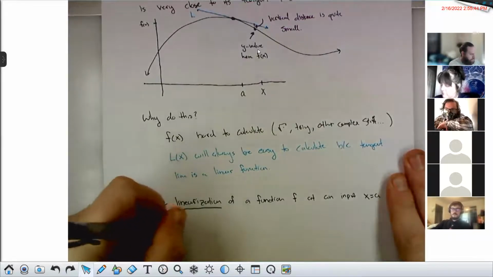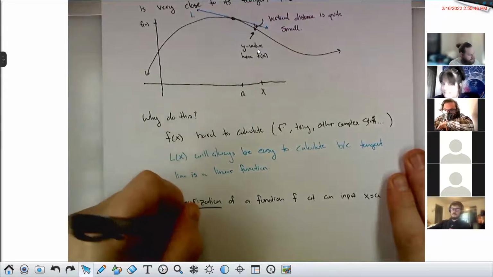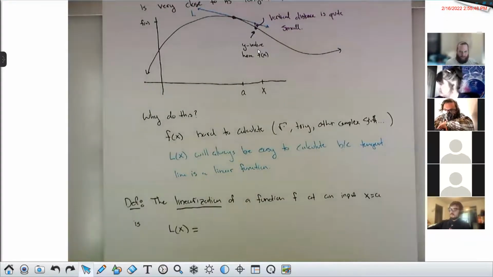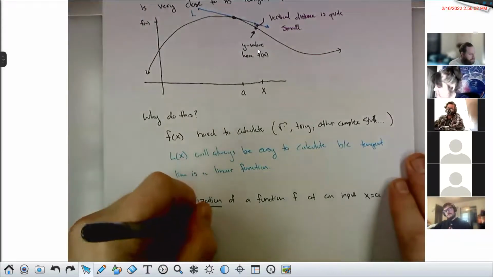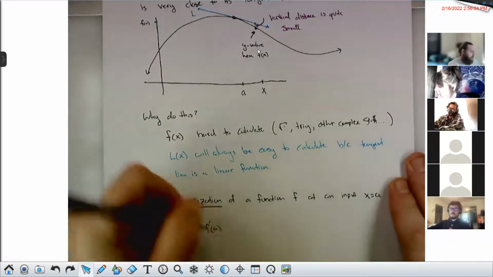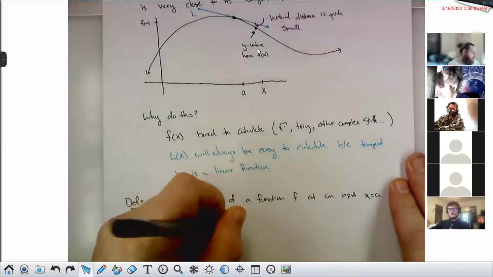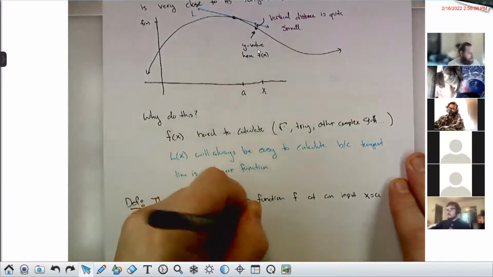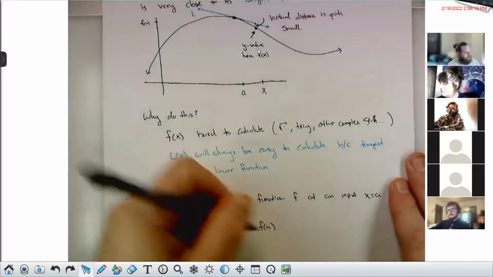Okay, so what is that? Well, L of x equals, tangent line normally is like y minus y1 equals m times x minus x1, where m is f prime of a, x1 is a, and y1 is f of a. So if you solve that for y, you get f prime of a times x minus a plus f of a.